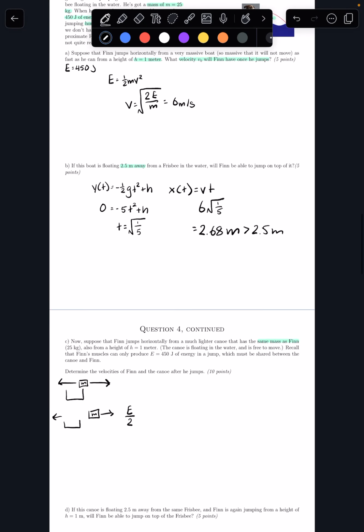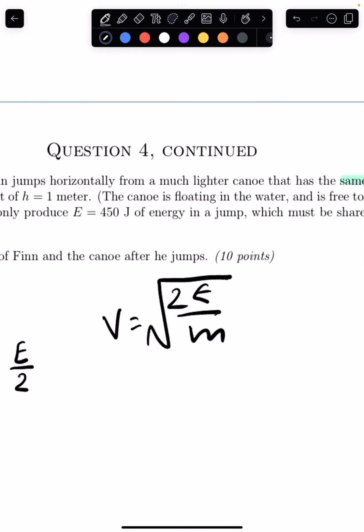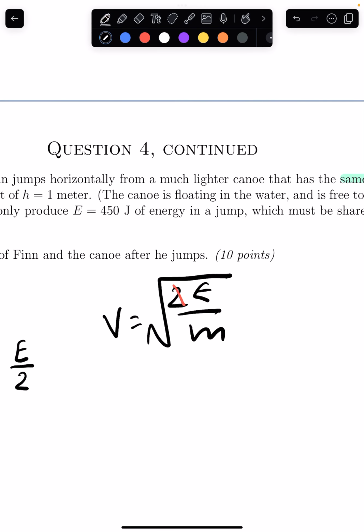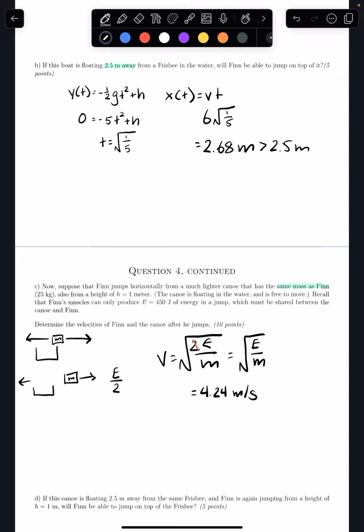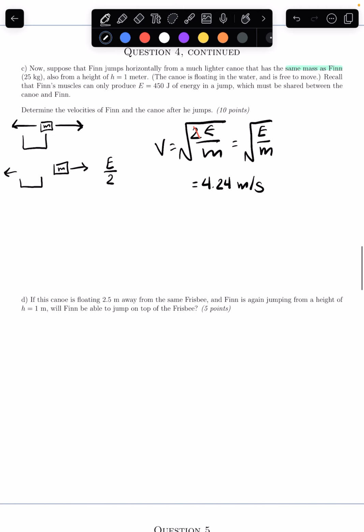So before, our expression was v equals the square root of 2E over m, but now our E is halved, meaning that this factor of 2 goes away, so we just get the square root of E over m, and that should give us around 4.24. The velocity itself isn't halved, and that's because v is squared. So don't just divide the velocity by 2, you need to specifically divide the energy by 2 because it's being split in half.